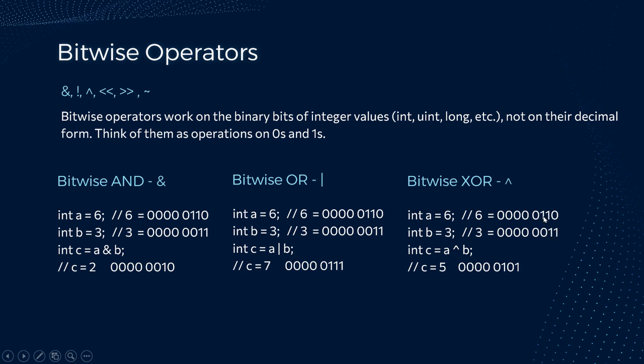Again we have different digits, so it becomes 1, and then same digits 0 and 0, so it becomes 0. So if it is the same, then it will be 0, otherwise it will be 1. This is the bitwise XOR. So a XOR b becomes 5 here.